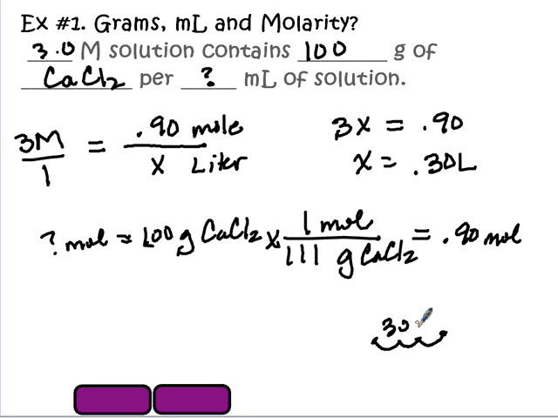That's my new location, and I'm going to have to fill in a 0 there, because I moved it 3 places that way. Again, if you have another way of doing that, then that's fine. The answer here then, 300 milliliters. There's my answer for this problem.